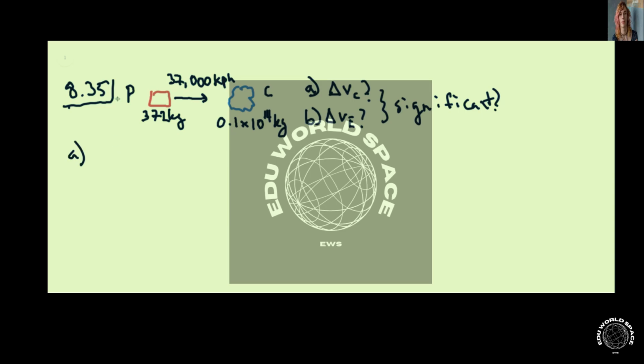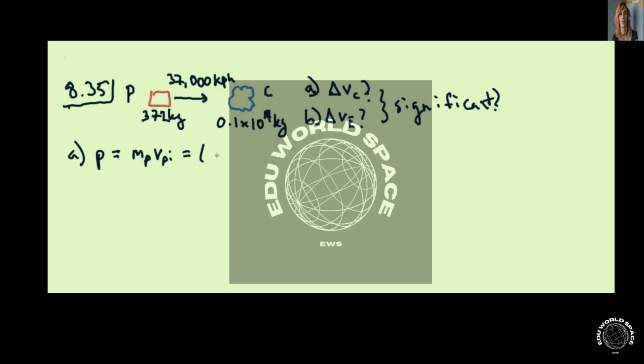So, for part A, we know that momentum has to be conserved, since there are no external forces acting on these. They're far out in space. Nothing can act on them externally that is going to be significant. So the initial momentum is going to be the mass of the probe times what we'll call its initial speed.